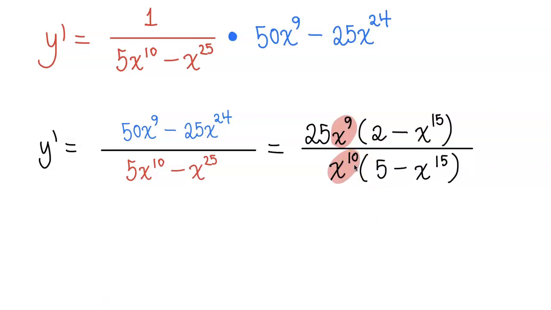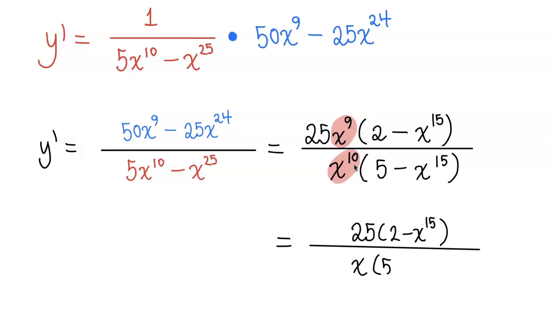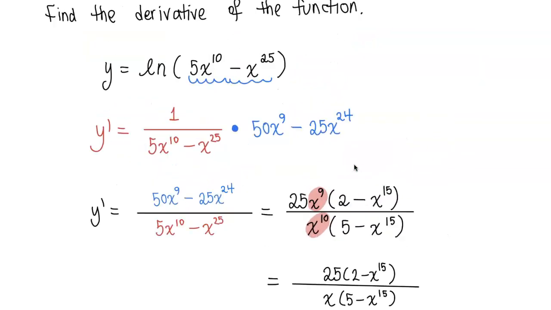So this is going to be my final answer. Look, my final answer is going to be 25 times 2 minus x to the 15th over x times 5 minus x to the 15th. All right.